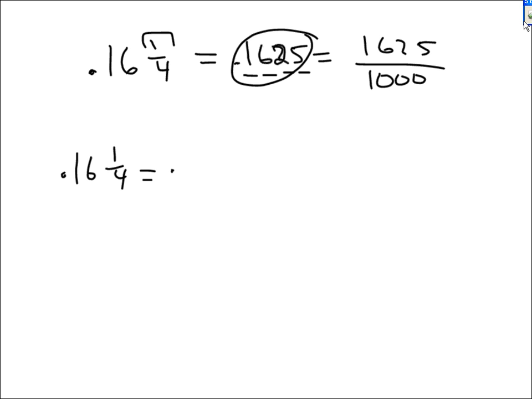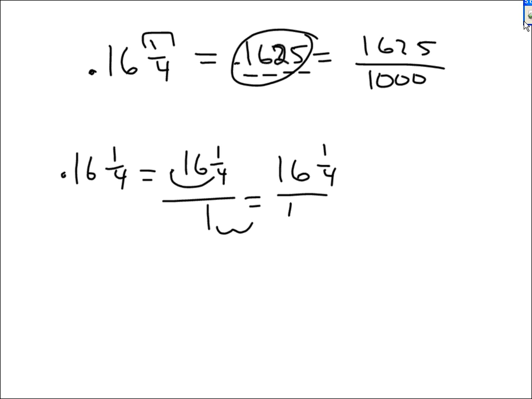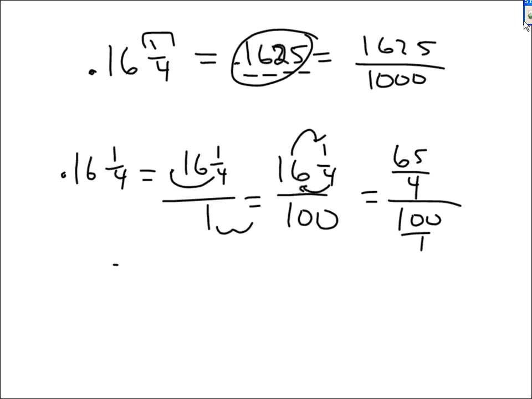This is equal to itself over 1. Move this decimal 2 places. Move the decimal in the bottom 2 places. It becomes 100. 4 times 16 is 64. Plus 1 more is 65 over 4 over the 100. It's 100 over 1. So you keep the top number the same.